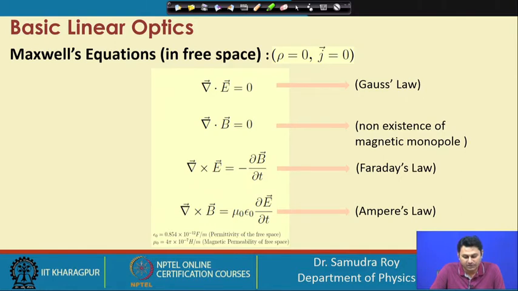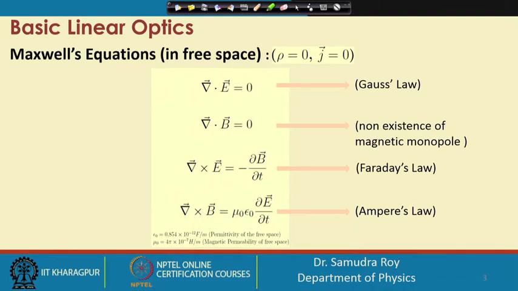In Faraday's law, we can see that a change of magnetic field can generate an electric field, or vice versa. In the second case we have a similar kind of effect. I believe the students are aware of these 4 equations, so I am not going to say much about them, because this is a basic course on nonlinear optics. These are the few things we need to know, and Maxwell's equations are one of them.